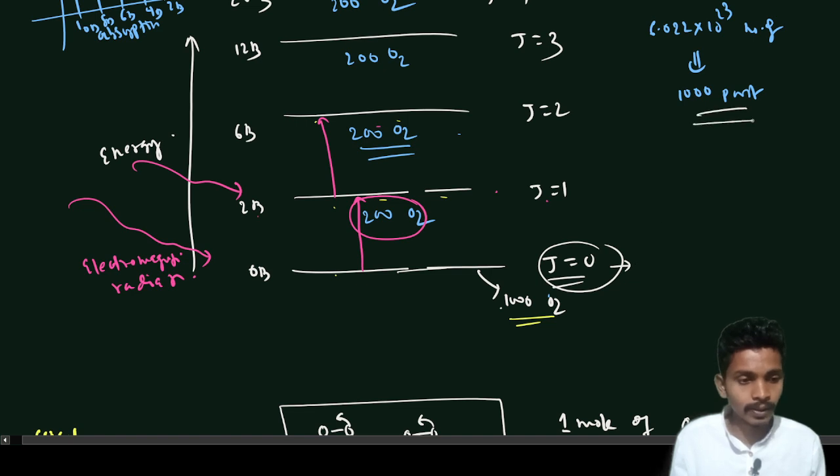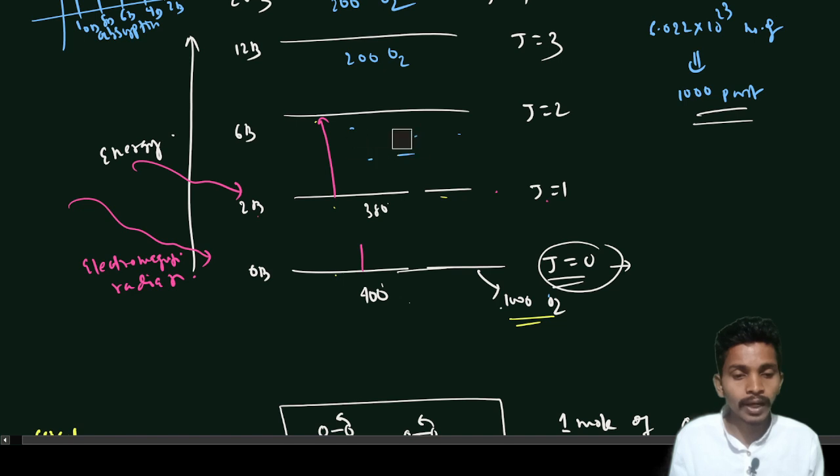Let's say if we are talking about 1000, then nearly 400 particles will be here, and at j equal to 1, nearly 380 particles will be there. Means this and this are approximately equal, and if you go into the higher energy levels, it decreases. 400 plus 380 means 780.